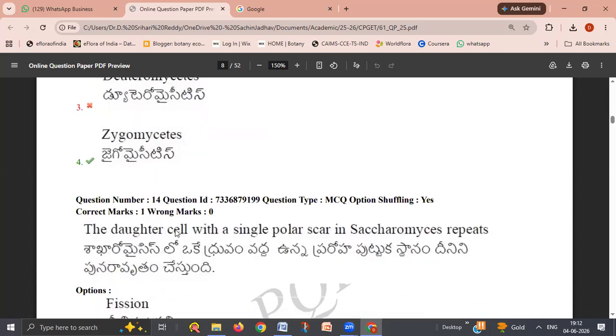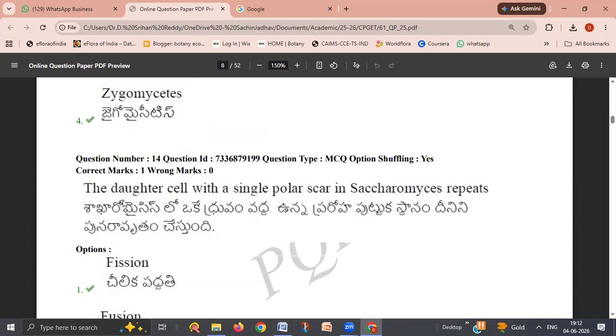So next question is, the daughter cell with a single polar scar in Saccharomyces repeats. Already we discussed Saccharomyces, which is also called yeast, common yeast. There are two main species in yeast. One is Saccharomyces cerevisiae. It is also called budding yeast because it propagates by budding.